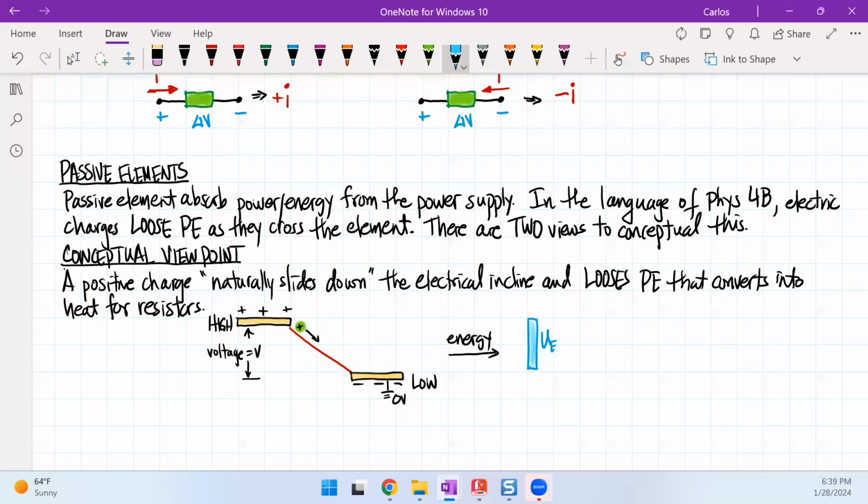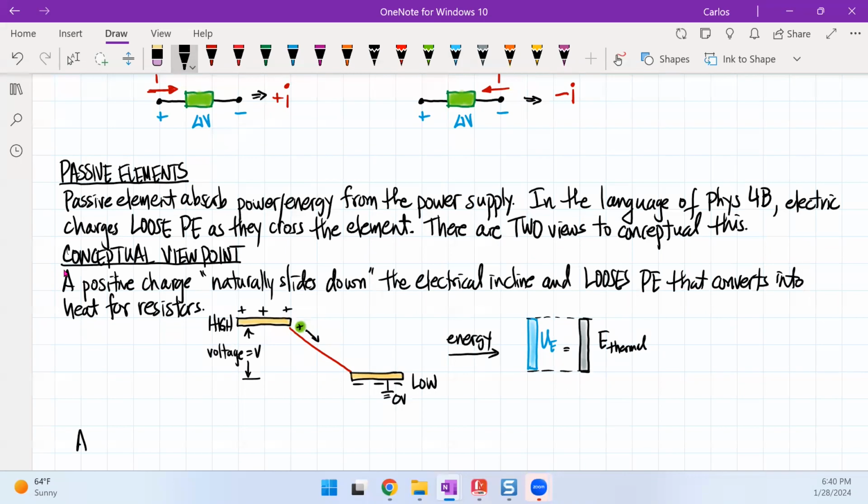And all of this electrical potential energy gets converted into thermal energy due to the vast number of collisions here. So according to conservation of energy, those electrons clearly lose potential energy.